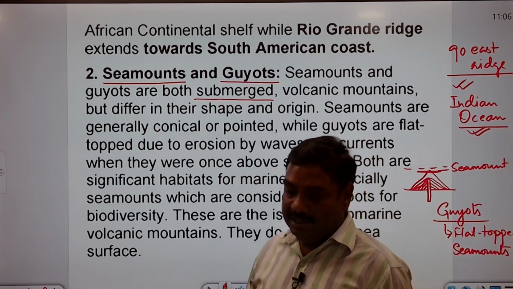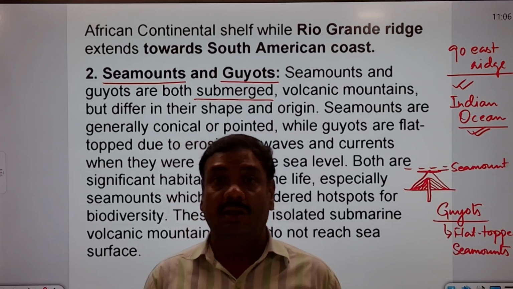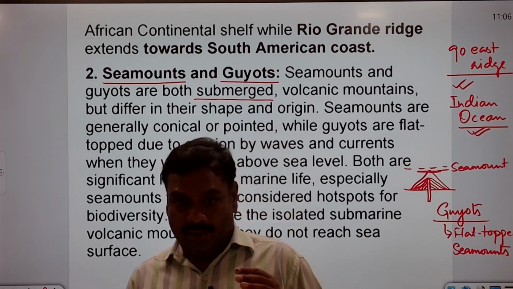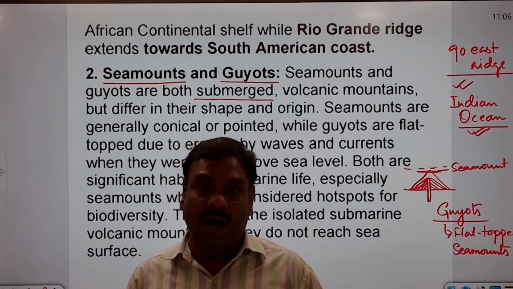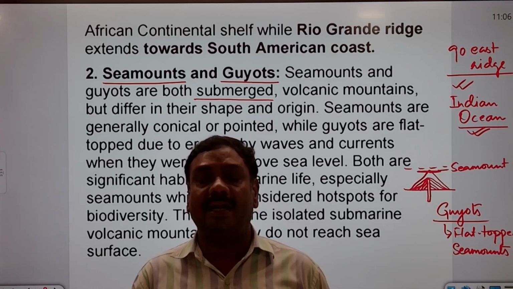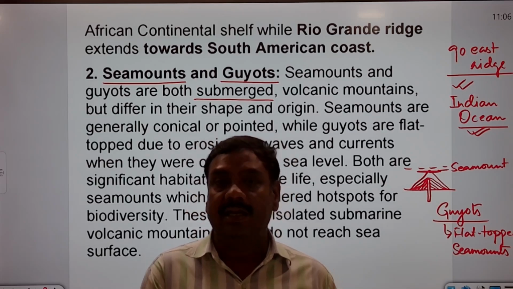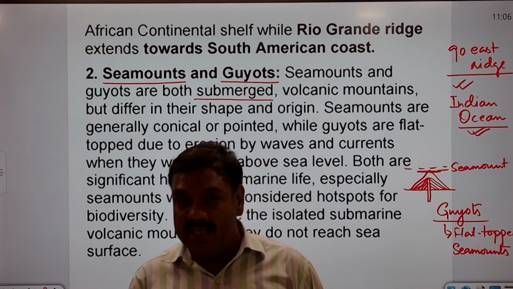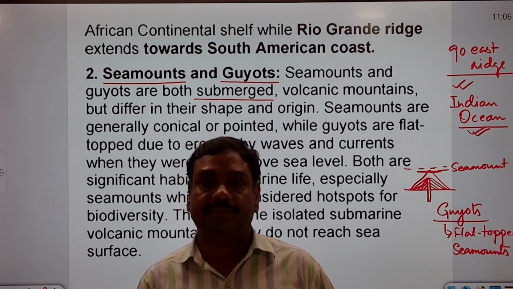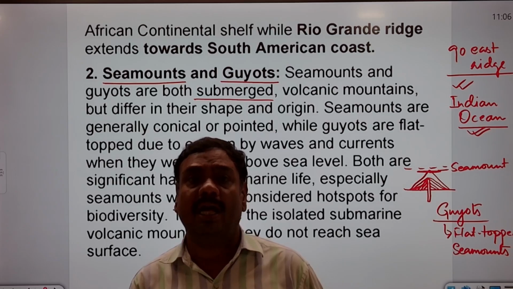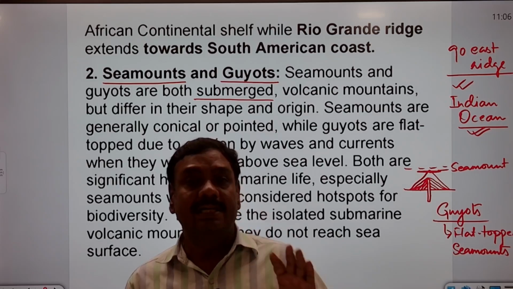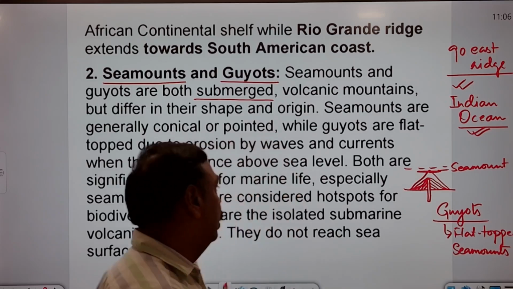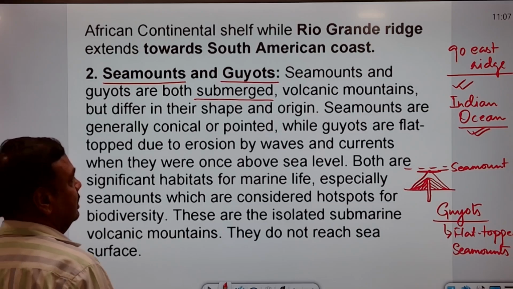Iceland, which is an island country, is an extensive island that is part of the mid-Atlantic ridge and is seen above the sea level. Iceland is the country there. Okay, so in that way you can consider the thing.